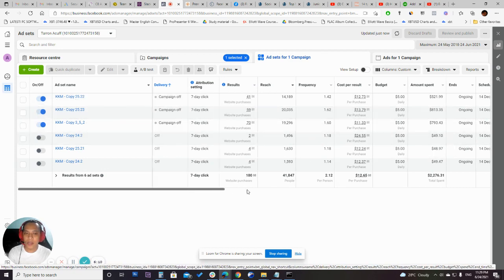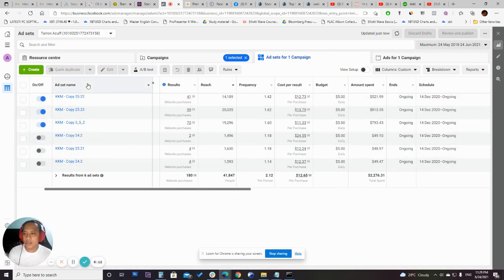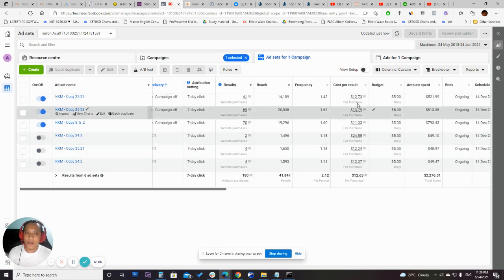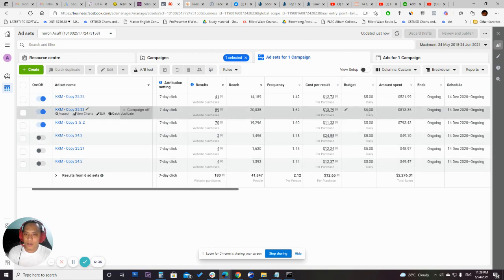We focus on a $5 campaign and at least 5 to 10 ad sets on each campaign. If an ad set acquires 3 purchases in the first week, I will create a CBO campaign for that specific ad set. For example, this one acquired 3 purchases in the first 3 or 4 days, or at least a week, so I will create a CBO campaign.